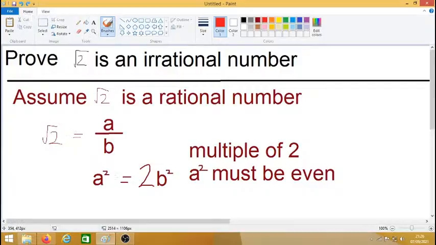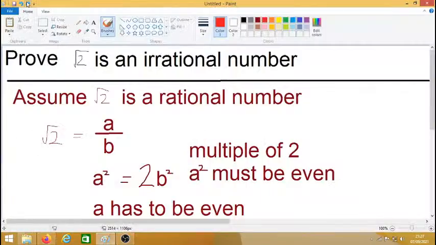Next, we want to say something about a. If a squared is an even number, can we say something about a? Yes, based on the previous proof: if you have a square number that's even, then the number that made it has to be even, so we can say a is even.